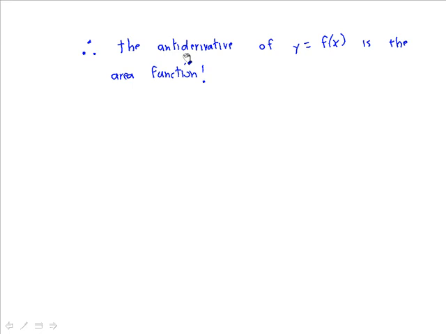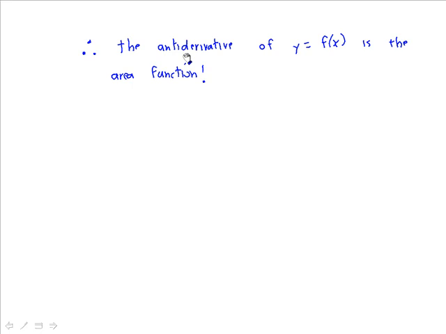So the implications of this are really vast. It matters a lot because now we can do that for every one of those questions. We don't need to do Riemann sums. All we have to do is anti-differentiate the given function, and then we can take that formula and use it to get the area.